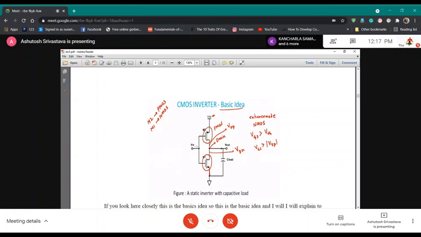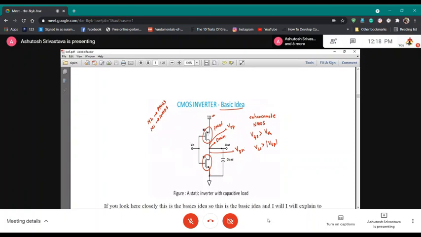When the gate input voltage is at 0, in that state your NMOS is in the cutoff state.